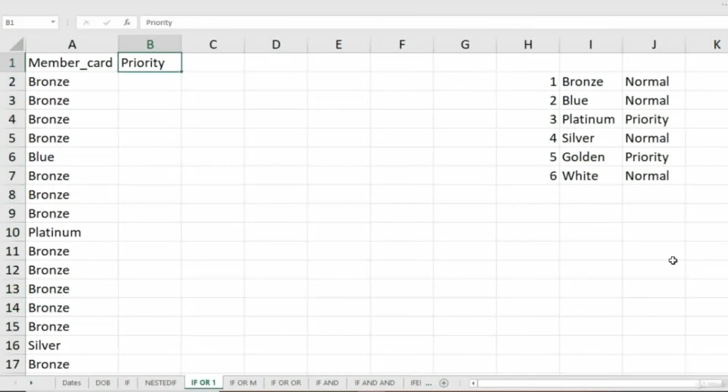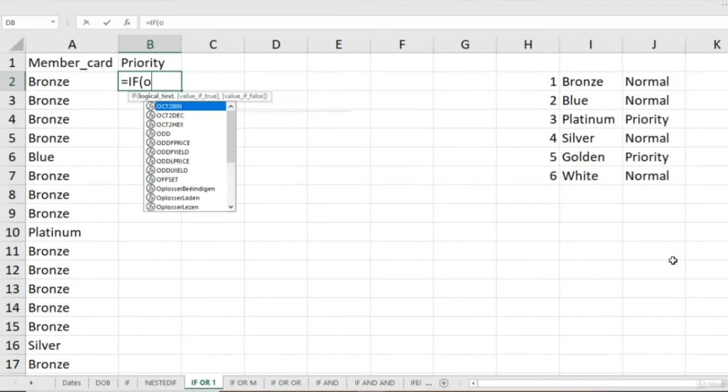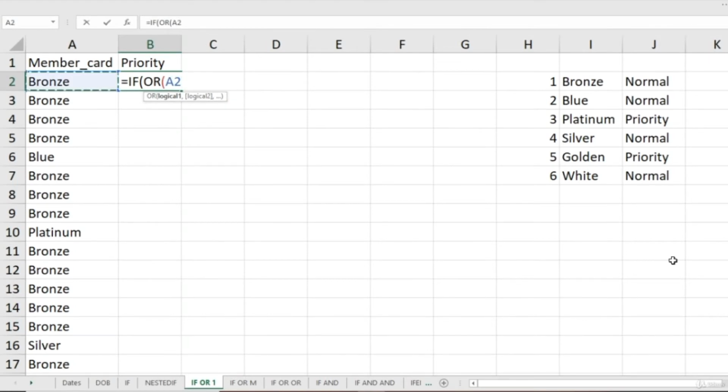So let us do it that way. I would say IF OR this value equals golden, or this value equals platinum. Only these 2 arguments, and close the brackets.